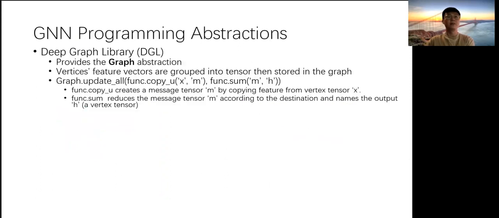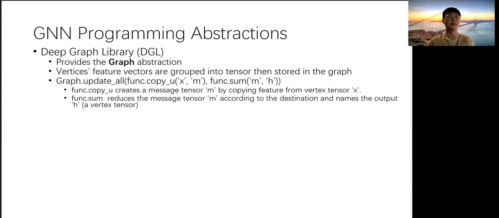Existing GNN frameworks provide various programming abstractions to help users to program GNN models easily. DGL provides the graph abstraction. Feature vectors are grouped into tensors, then stored in the graph. Graph provides methods for conducting computation.